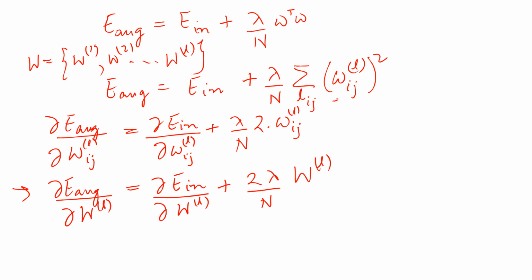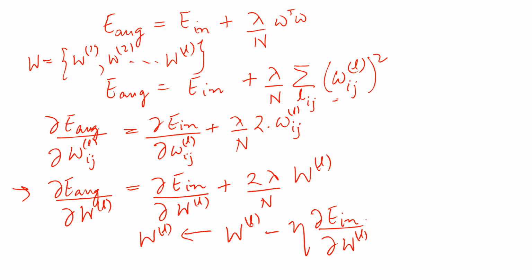Okay, so in gradient descent, I'll have my update rule as always. How will the update rule apply? W^(L) is updated to the original minus my learning rate times the gradient of E_in with respect to W^(L), minus 2 times lambda over n times W^(L).